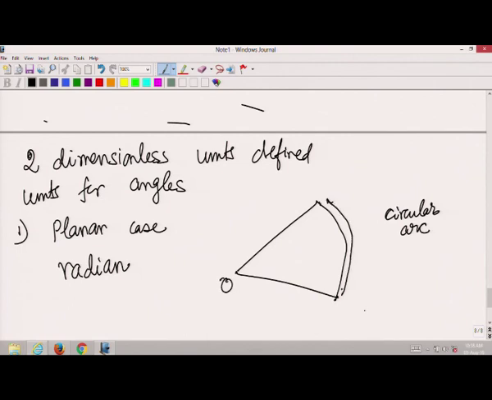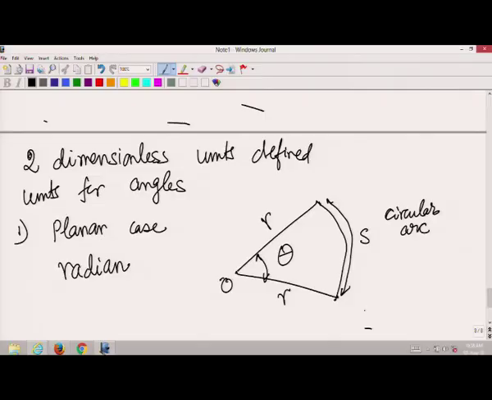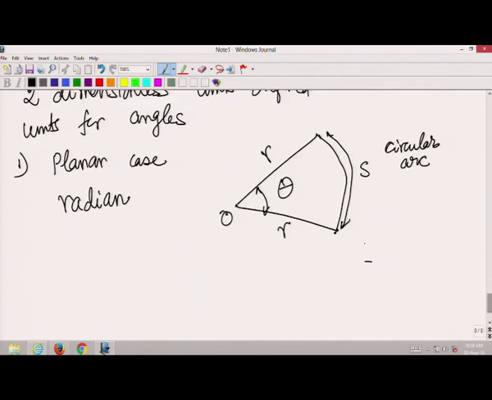Let the length of this arc be s, and the angle which is subtended by the two radial lengths is theta. So, we look at a sector of a circle, the two ends of these have a length equal to the radius of the circle, and the angle in between these two is given as theta.